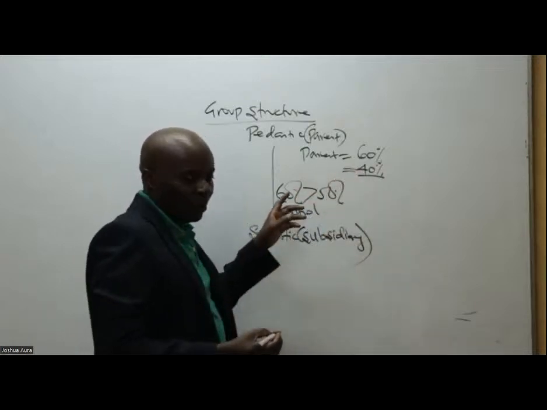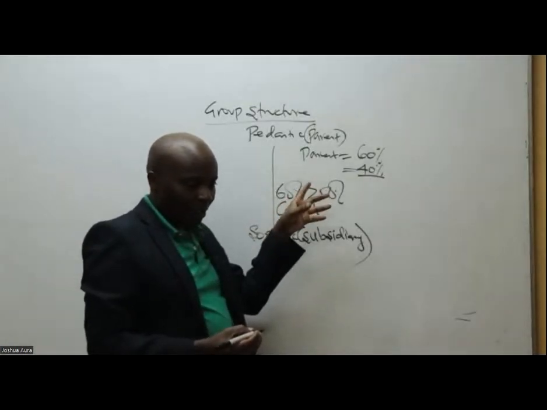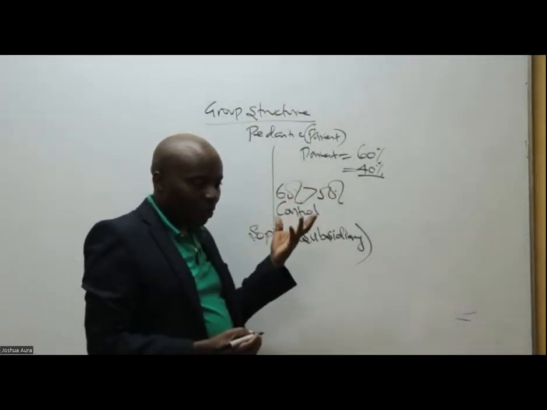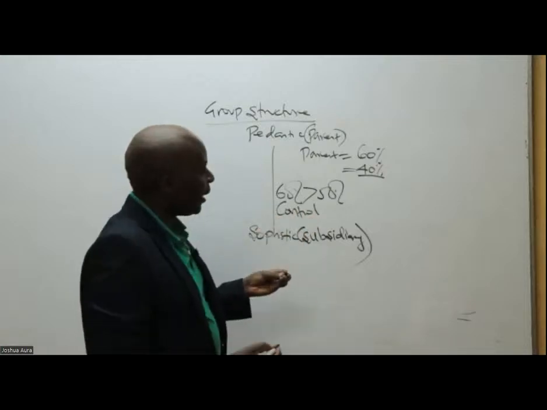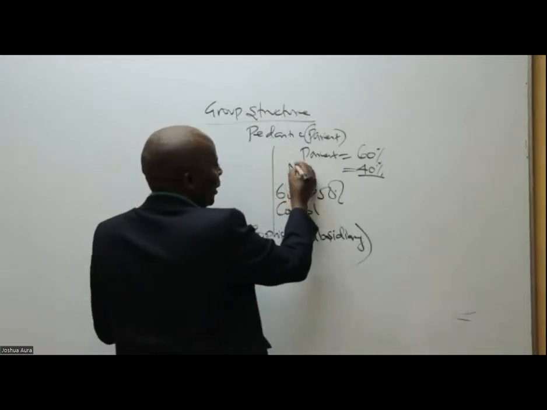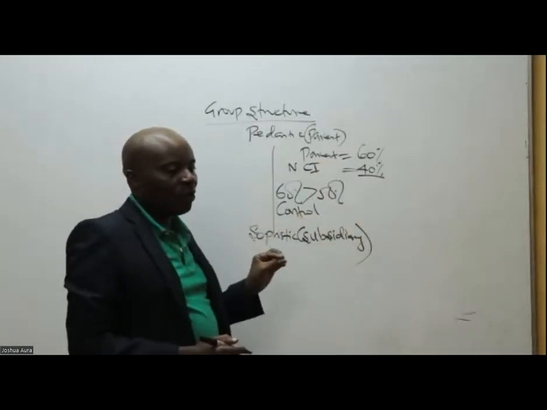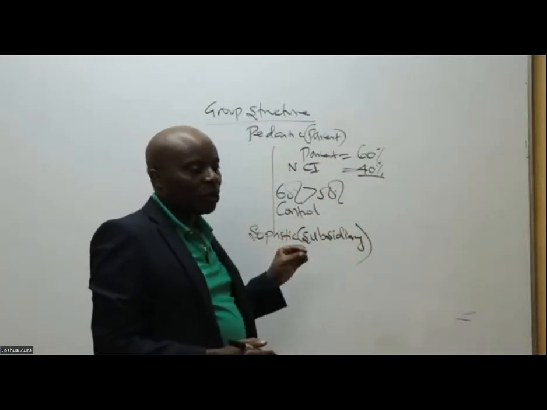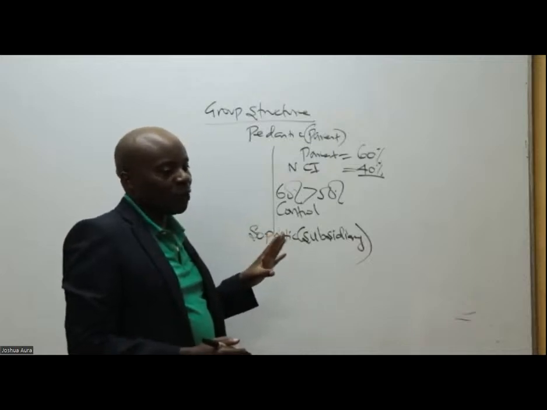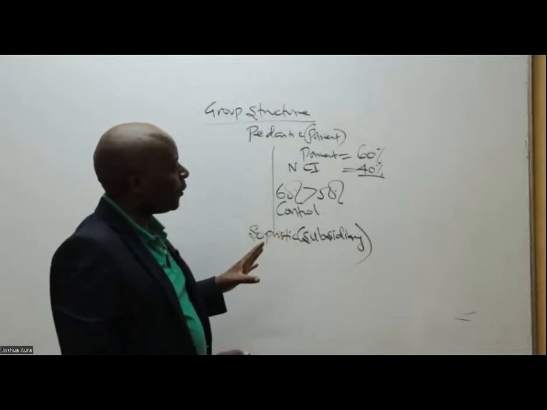Is anybody able to remember that special term given to this party, who will not be having a say in the board? You can type there. It's NCI. It's non-controlling interest. Please write down in full. Non-controlling interest. It's NCI. Thank you so much. So the non-controlling interest here has got 40%.